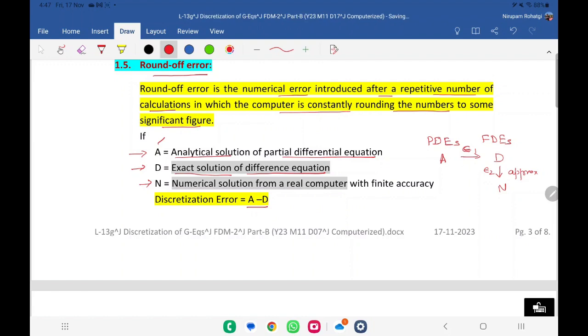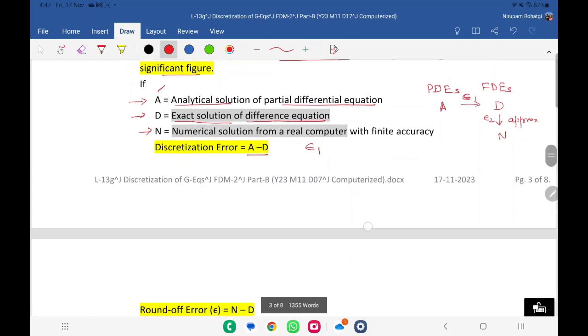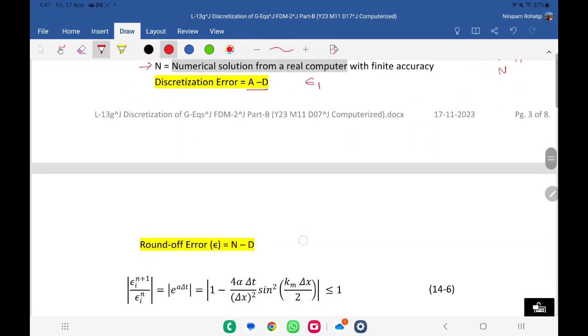Here the error is because your equations have changed. This is your epsilon 1, I may say. This is because your equations have changed, right? And this is your second error.